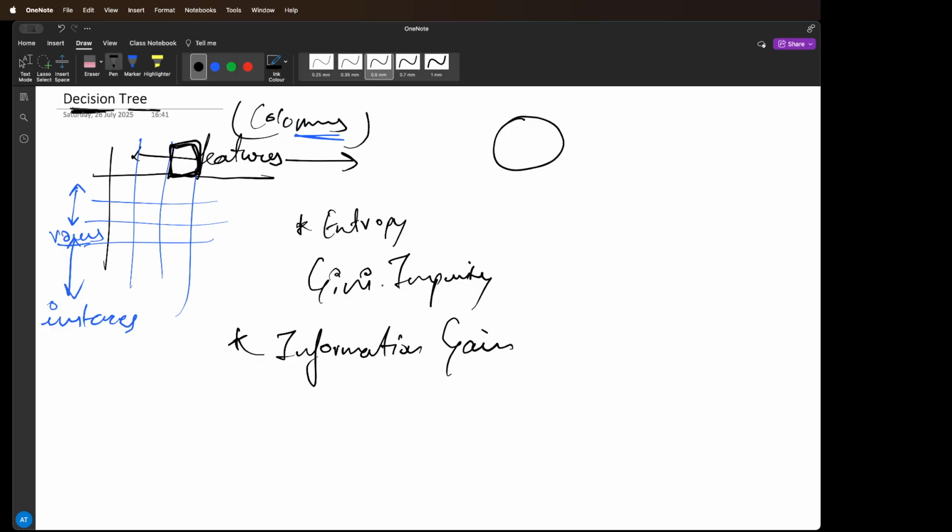Entropy, Gini impurity, and information gain. I'll teach what these actually are. Based on these, it selects a feature based on some property, and checks how it is dependent upon the target variable.